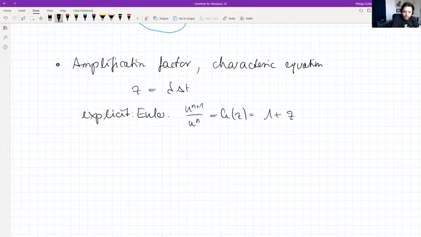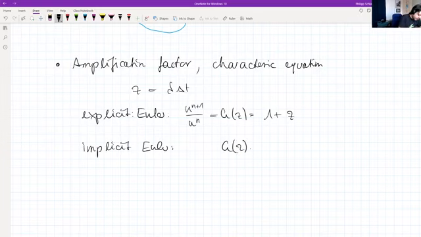This we have said before. And also what we derived is that for the implicit Euler, the g of z was 1 divided by 1 minus z. This is something that we have derived, I think last lecture.